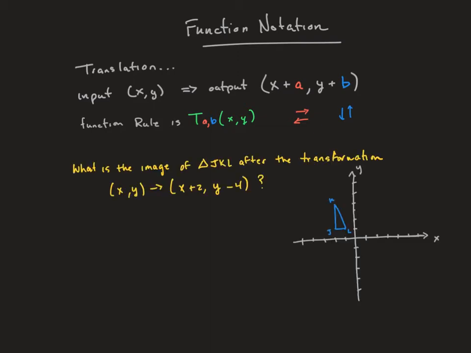As we look here, this example is: what is the image of triangle JKL after the transformation of, let's see here, my x, y value as I transform is x plus 2, and then y minus 4.